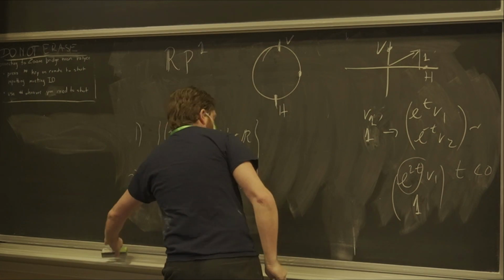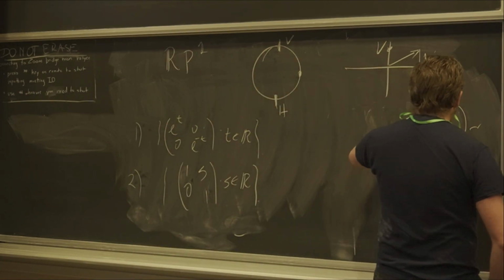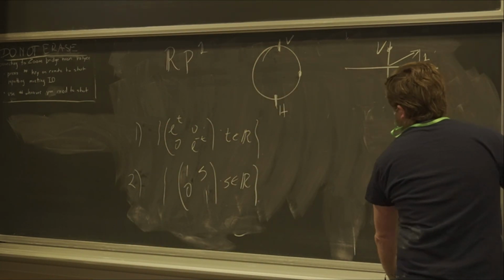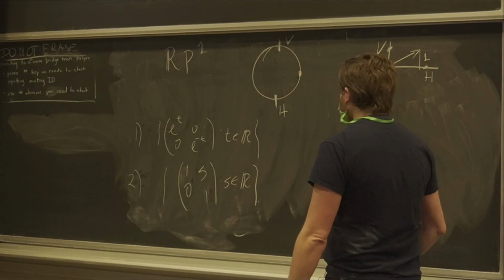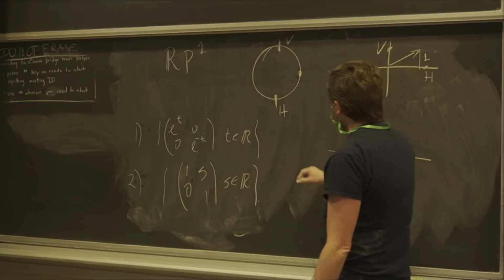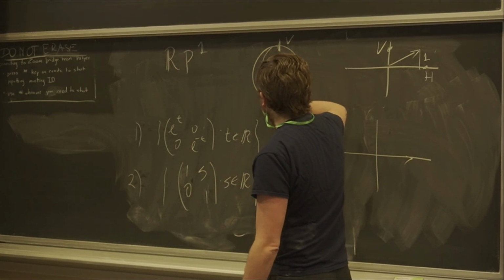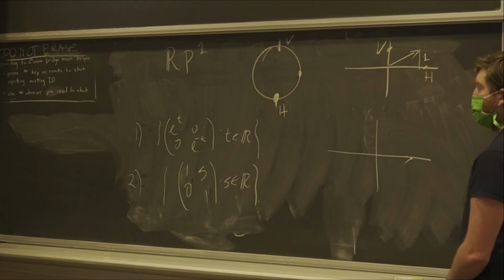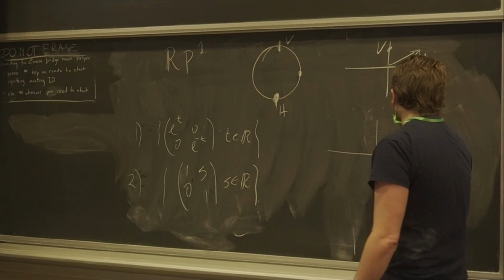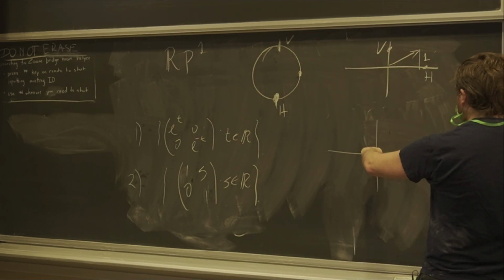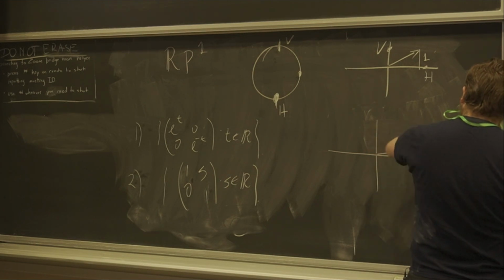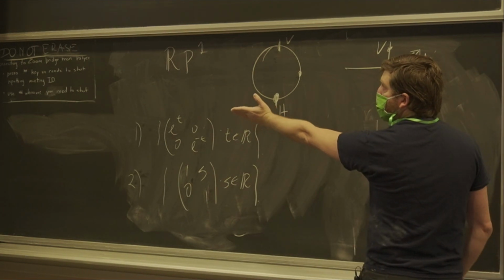Then this guy fixes the horizontal direction. So this is a fixed point, which means the horizontal is still a fixed point. But then any other direction, depending on the value s, goes more in one direction or starts going to the other direction.